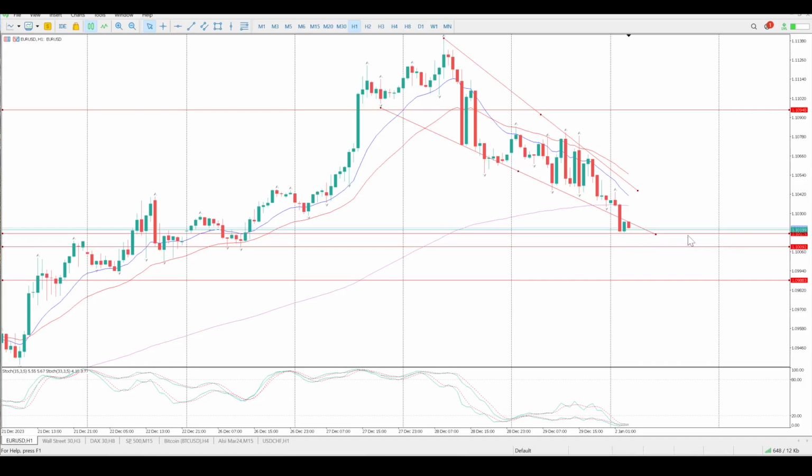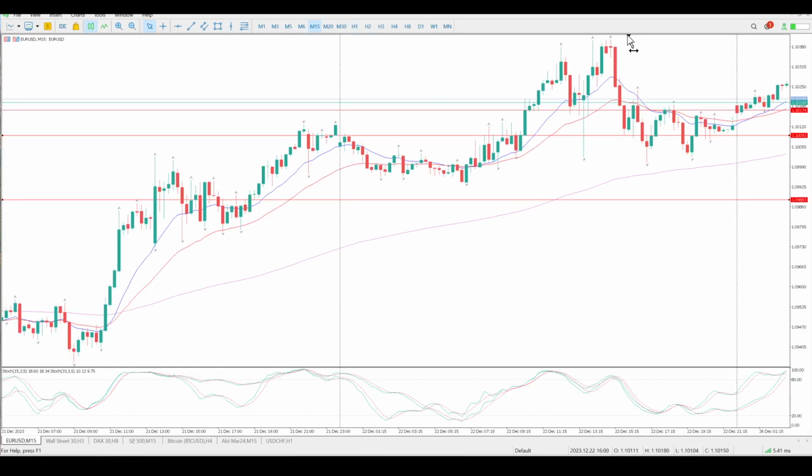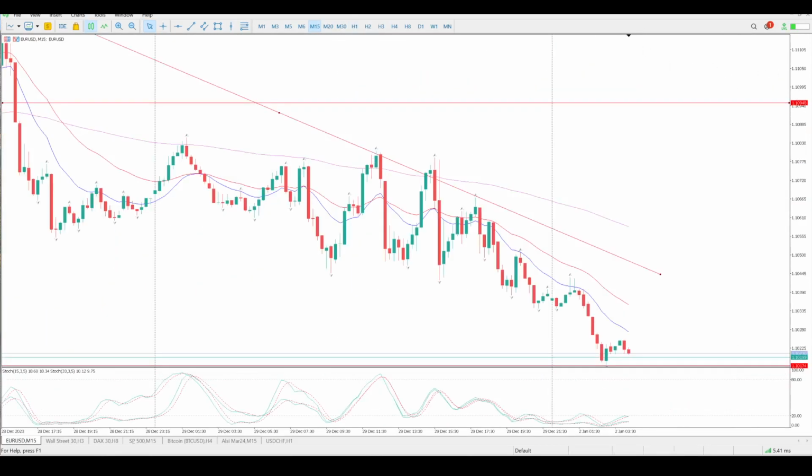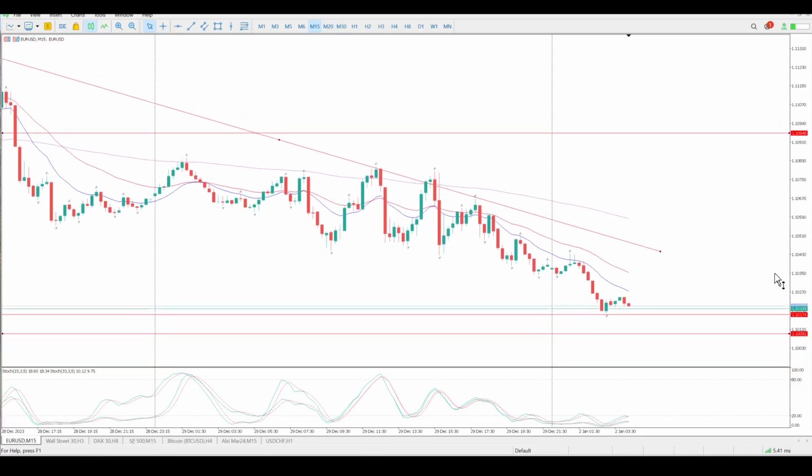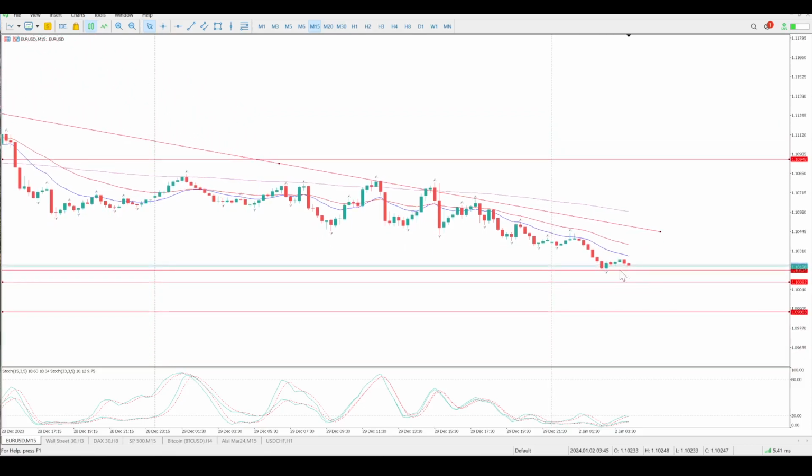I could adjust this flag a bit differently as well, like that, which would also make sense. But it doesn't really matter which way you look at it. You have opportunities here in this zone for a buy. So pay very, very careful attention to this.